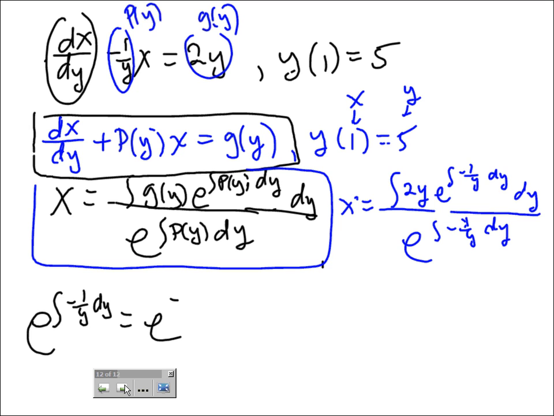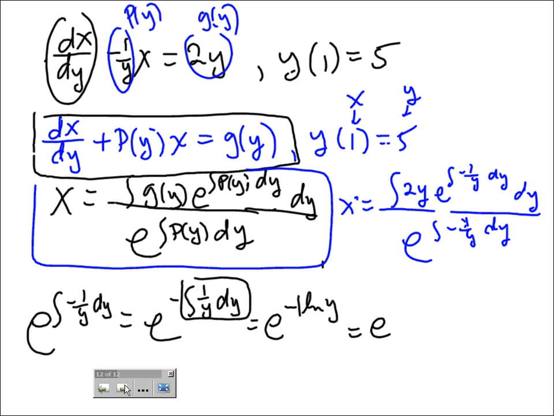If I pull out that minus sign, now I know what that integral is. This integral is ln of y. Now minus is understood to be minus 1, so I can put it up as the power. And e to the ln of anything is the anything. So that's just y to the negative 1, or c times y to the negative 1.